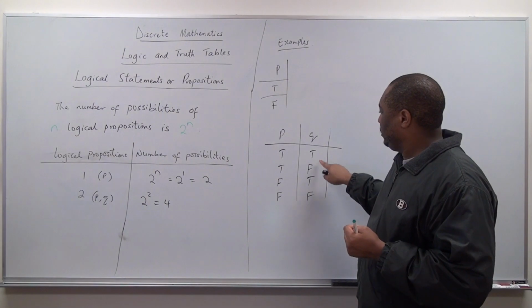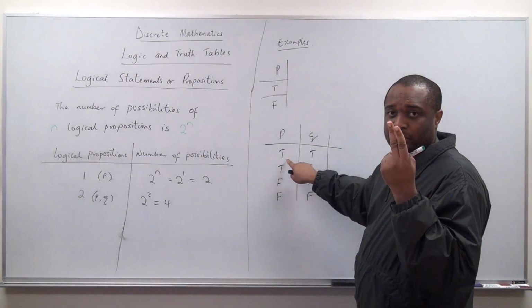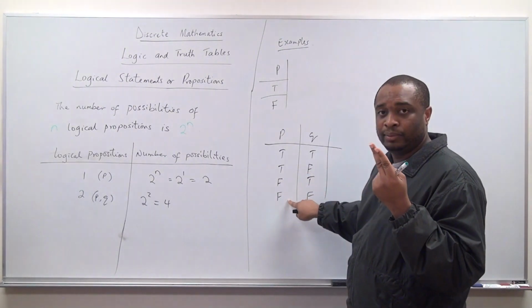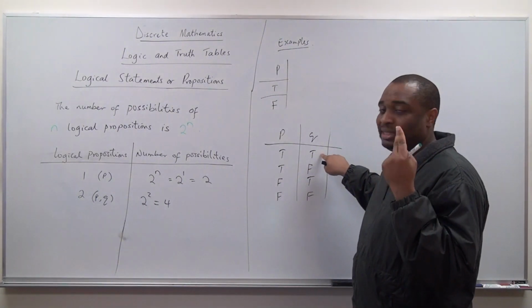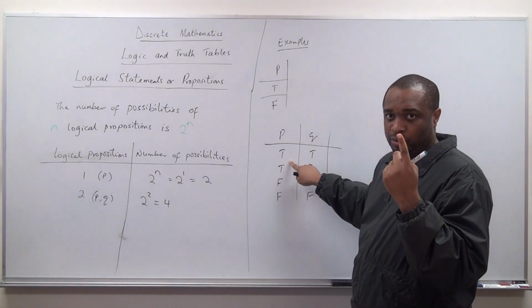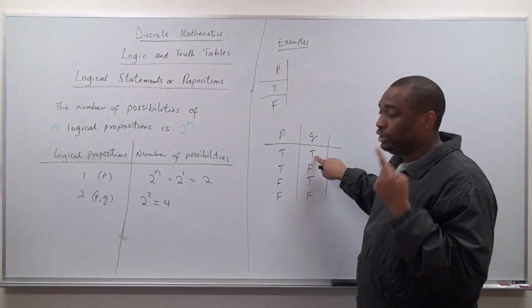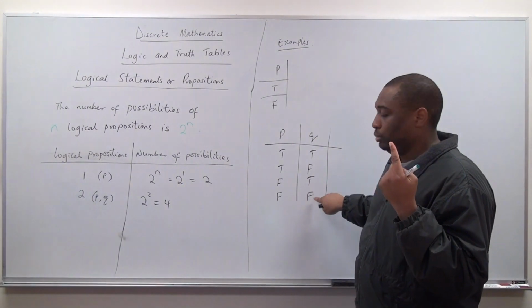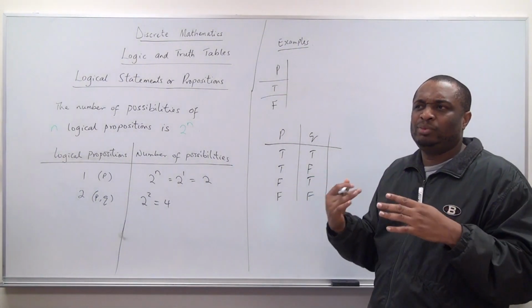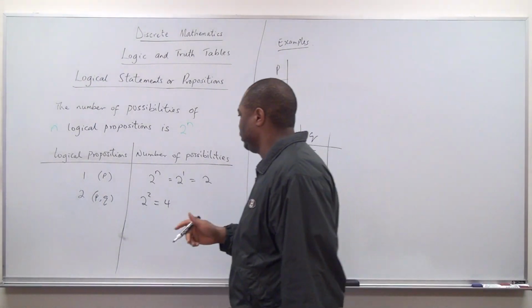Then for the next one, after 4 divided by 2 gives you 2, you do 2 and 2. Because it has another one, divide 2 by 2 again, gives you 1. So you now have 1 true, 1 false, 1 true, 1 false. You do it that way. If you understand it this way, it's easy.